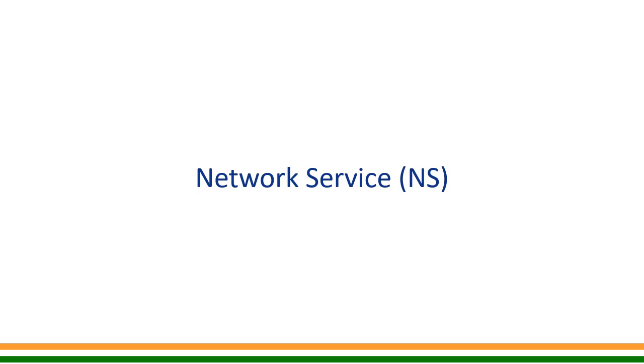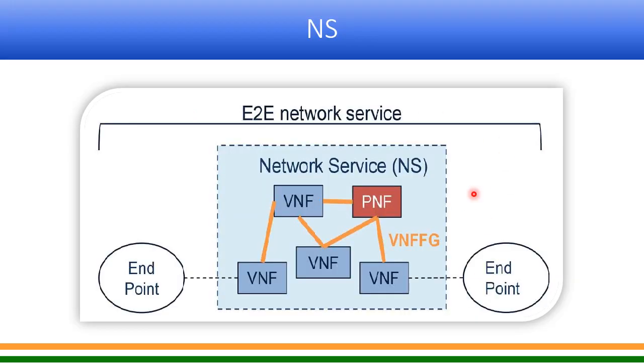So now let's understand the concept of network service in this virtualized environment. If you look at this diagram, this particular square box I have taken from one of the ETSI specifications. You see VNF, virtual network function 1, 2, 3, 4. So there are 4 virtual network functions, but you also have a PNF.